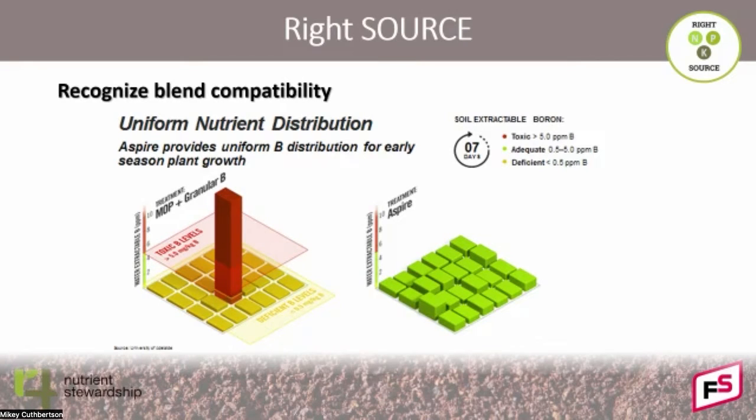We can see that the toxicity level is there for the plant, but all of those bars or plants around it are still deficient in boron and aren't receiving that nutrient that it needs. So a solution to this is using a proper source, a different product, and Aspire is a solution to that where there's a little bit of boron in every granule. There's other products you can spray on or coat your fertilizer with to help with that distribution and get those nutrients all over.